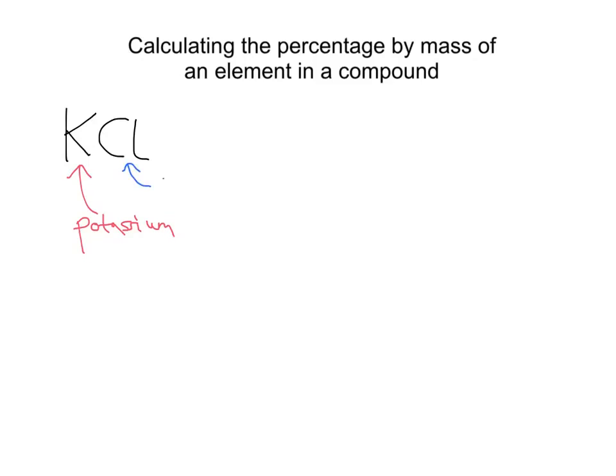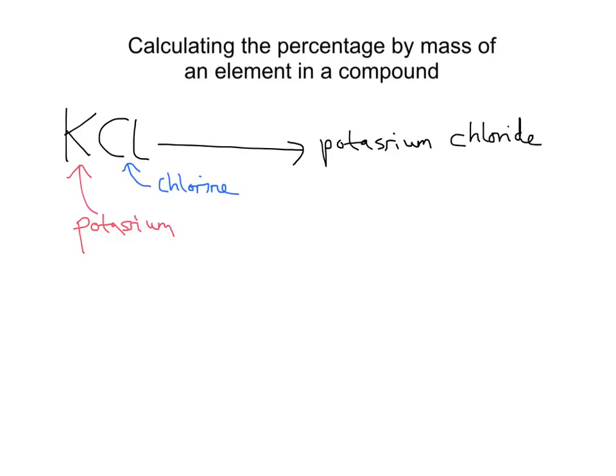Cl on its own is the chemical symbol for chlorine. But together KCl is what we call potassium chloride. The fact it ends in -ide suggests that this is a salt that we've made.